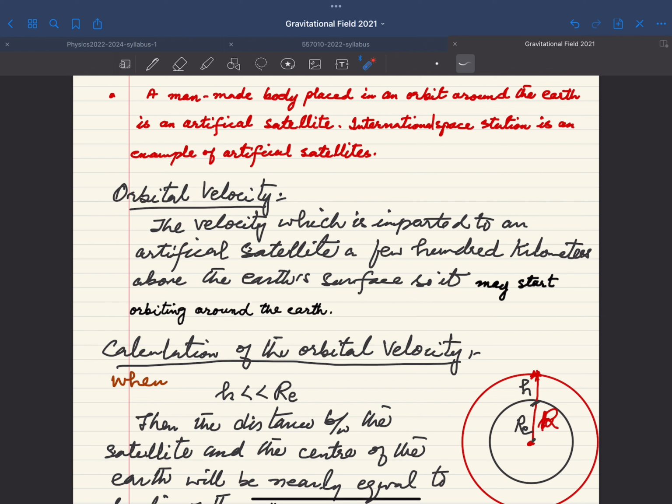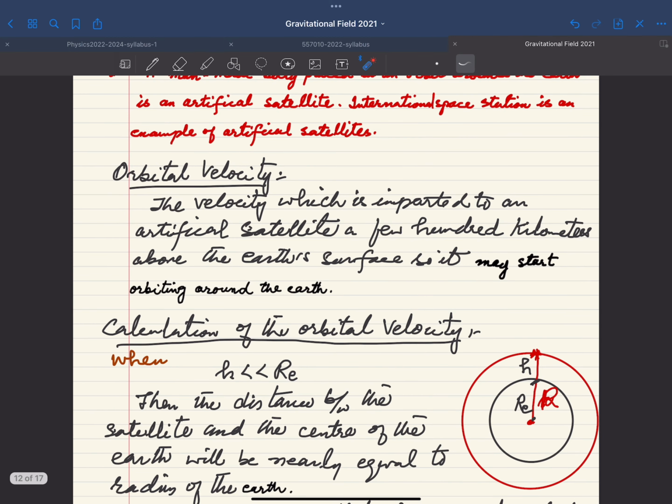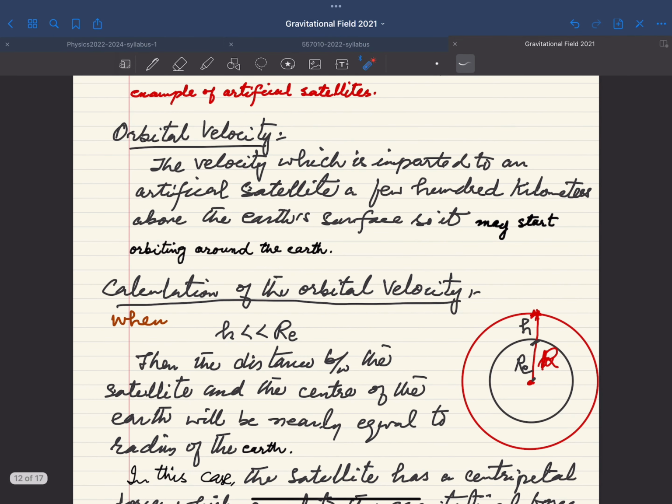If a body is not very far away from the center of the earth, only a few kilometers above it, then we need a particular velocity with which the body will start moving around the earth. This velocity is termed the orbital velocity.